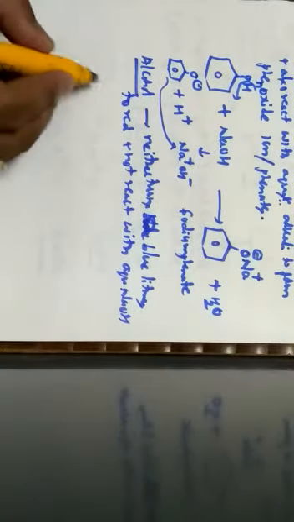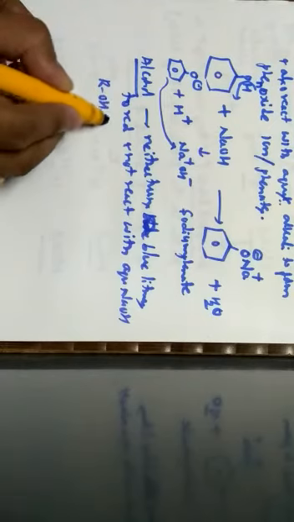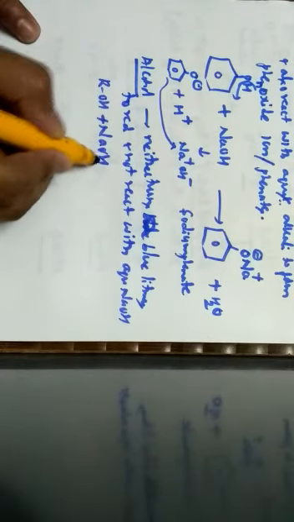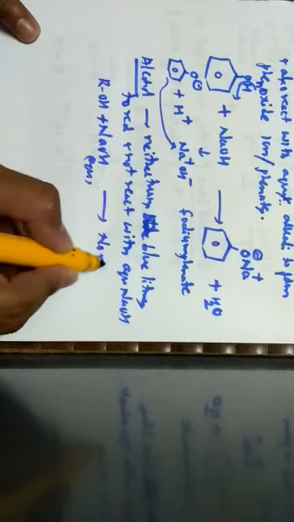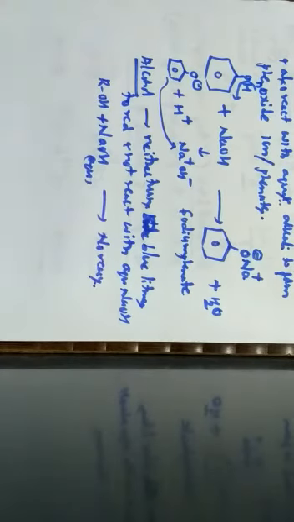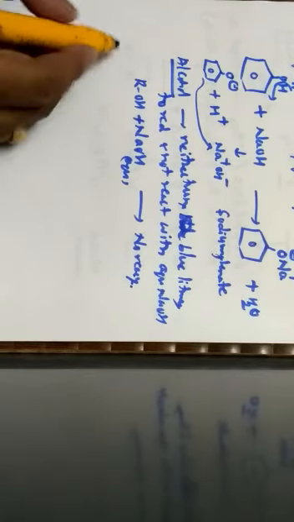Means when we write the reaction of an alcohol with aqueous NaOH solution, there will be no reaction of an alcohol with aqueous NaOH solution. So by this we can explain the acidic strength comparison with reference to alcohol as well as phenols.